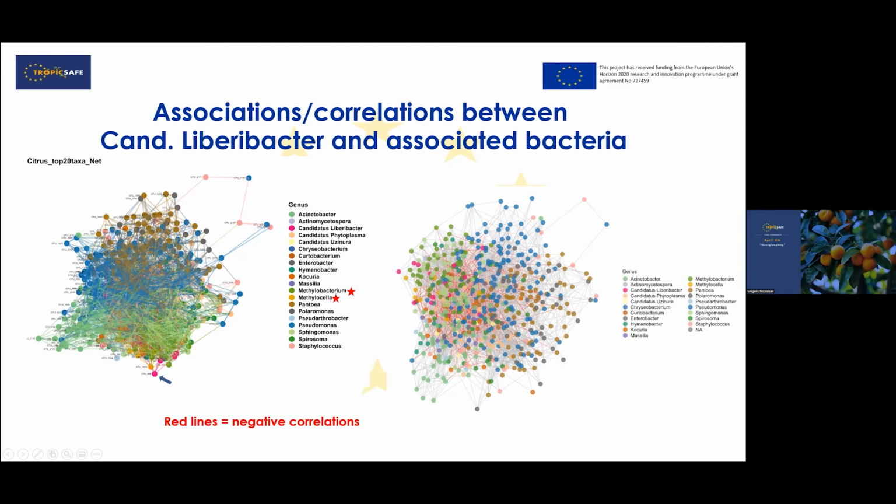So just to show you that there is a potential, at least here, to identify potential antagonists. A negative correlation, of course, doesn't imply that there's an antagonism going on, but at least those would be the organisms I would look at in other bioassays or by other methods or by PCR, whatever. There might be some correlations going on here.